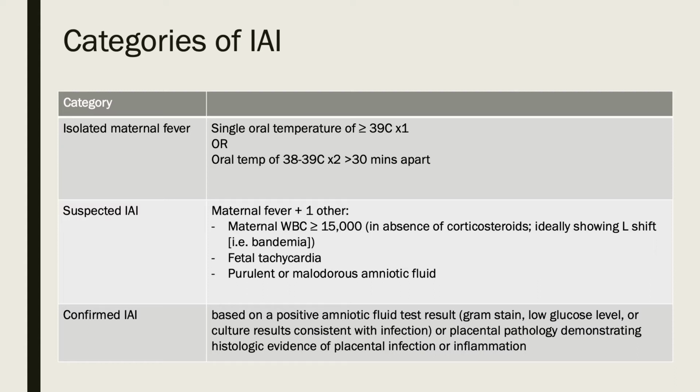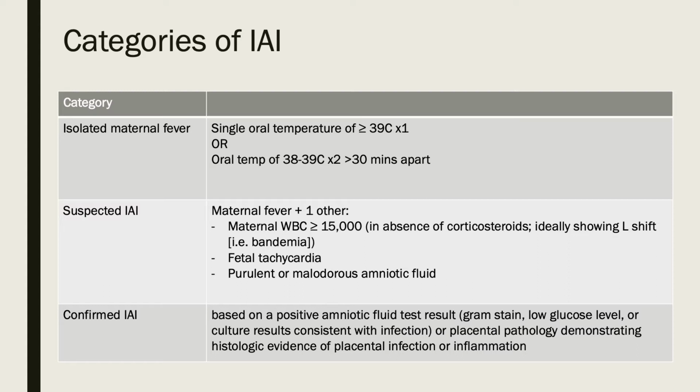The second group is suspected IAI, and this is when there is maternal fever plus 1 or more of the following. So it's a diagnosis based off of clinical criteria. The other factors are maternal leukocytosis, so a WBC count of over 15,000, in the absence of corticosteroids, ideally showing a left shift like a bandemia, but not necessary.